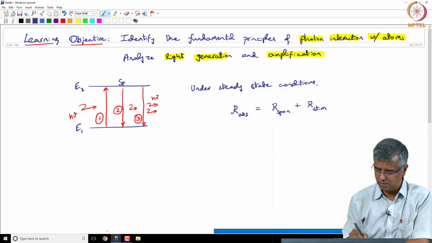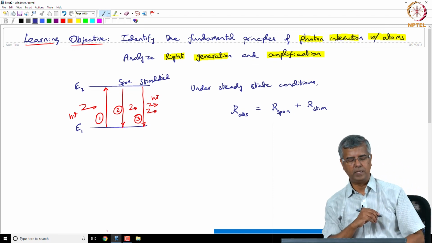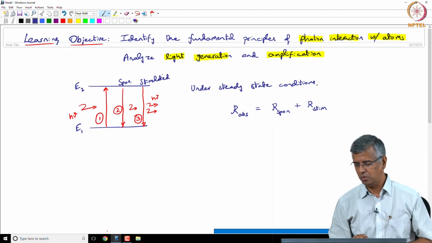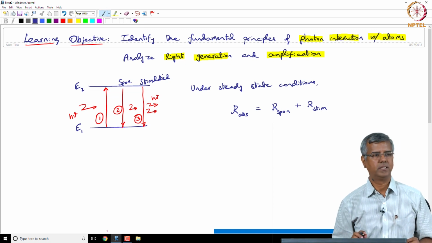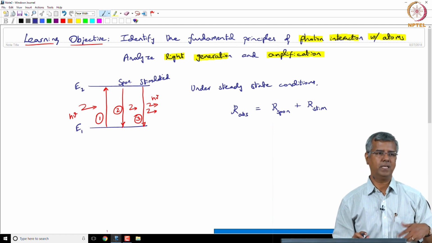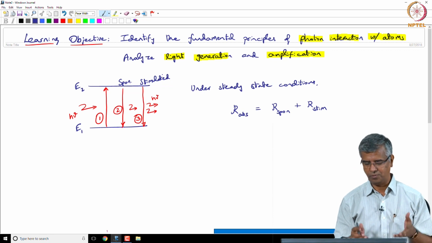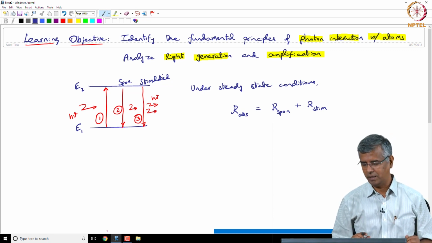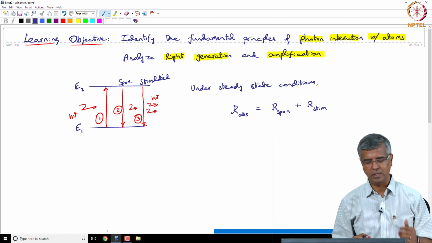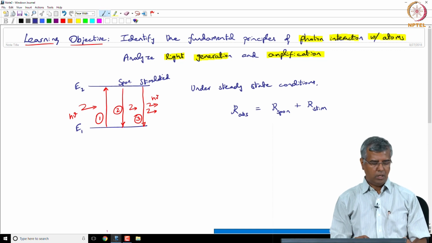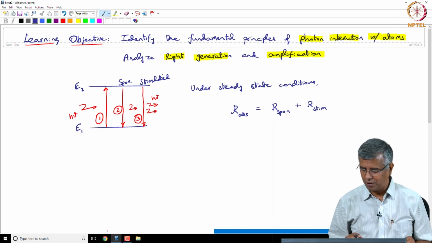Spontaneous emission is this one, stimulated is this particular process, right. So, you absorb certain photons and you go to the higher energy level. From that energy level, you either spontaneously emit, or if you have an incoming photon at that time, you can actually have stimulated emission also happening.